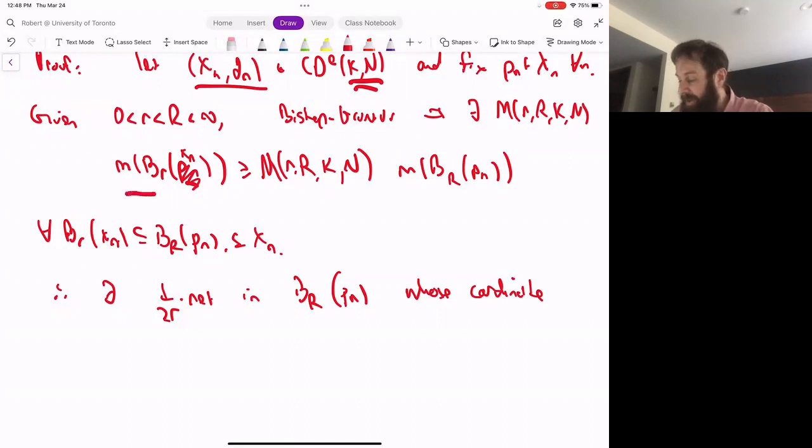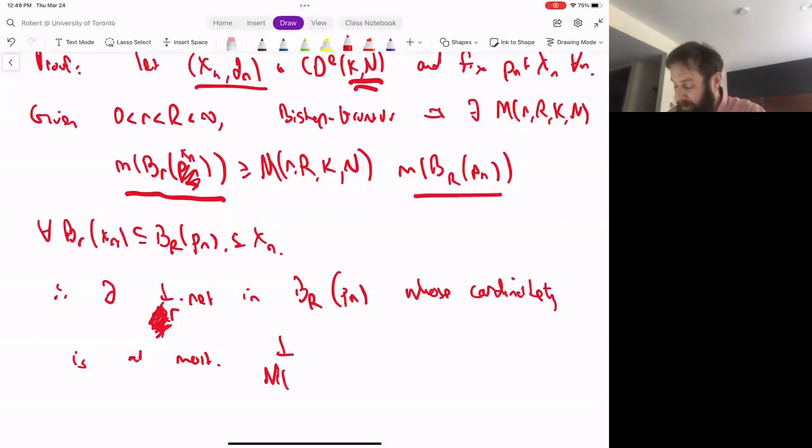You take a maximal collection of disjoint balls, and then if you double them, they have to cover the space by maximality. So maybe it's a 1 over r net. So there's a 1 over r net whose cardinality is at most 1 over this capital M, because the smaller balls that are disjoint from each other, their measures can't add up to more than the measure of the larger ball.